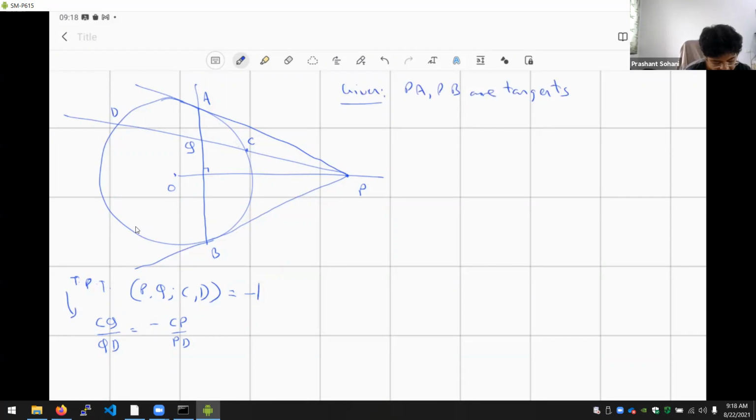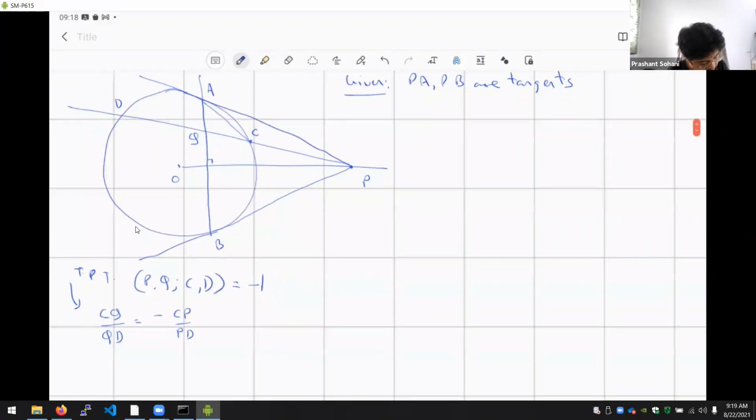So for example, if I draw these segments, then do you see, by the tangent secant theorem, I can have a lot of similarities.